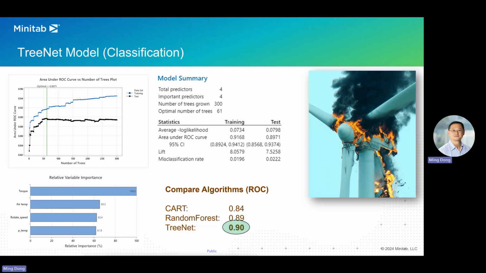So three different algorithms, three different results in terms of accuracy. I'm not saying TreeNet is the best, but sometimes one algorithm performs well and another algorithm does not perform very well. It depends on the data.